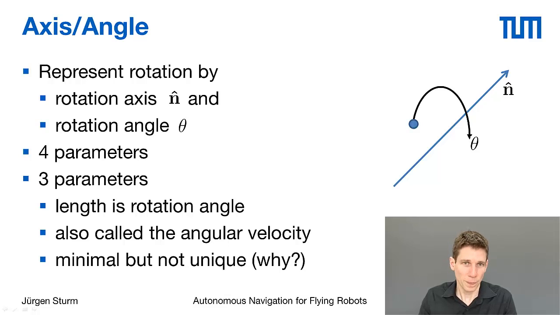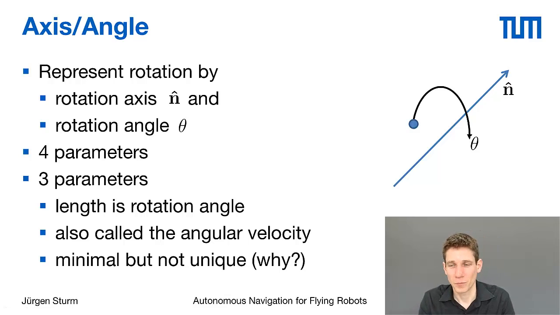This representation then has 4 degrees of freedom, because you need 3 degrees of freedom to specify the direction, and a 4th parameter to specify the rotation angle. You can combine both of that together by saying that the length of your axis directly encodes the rotation angle.